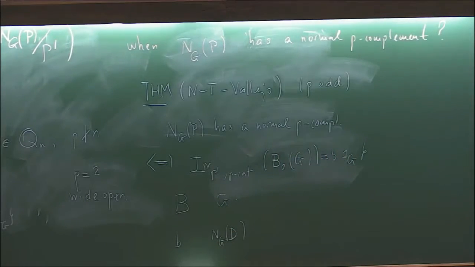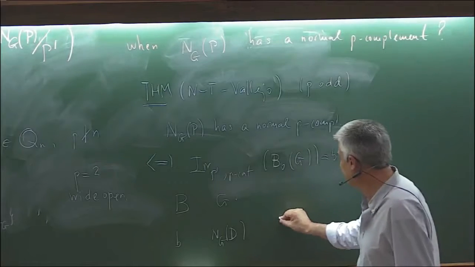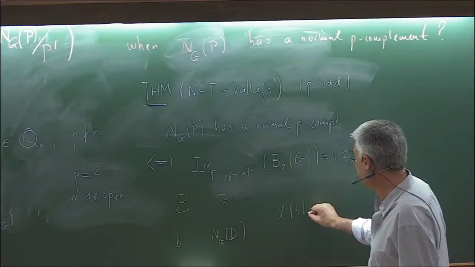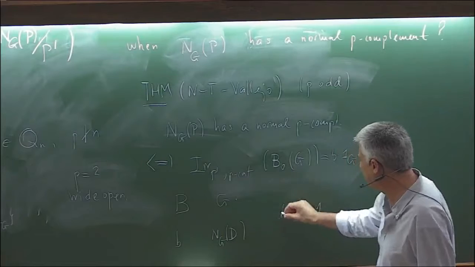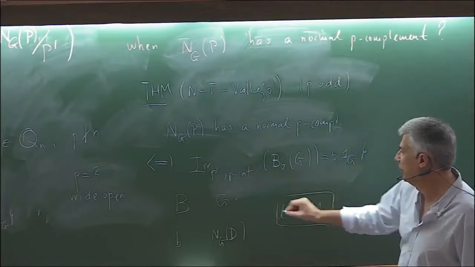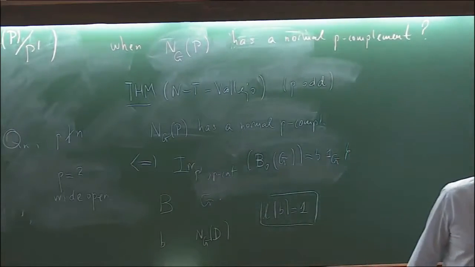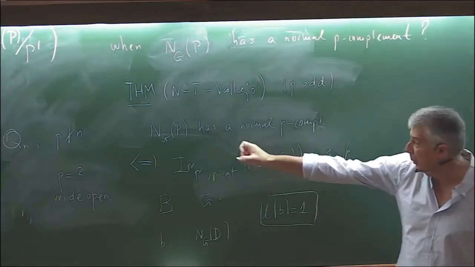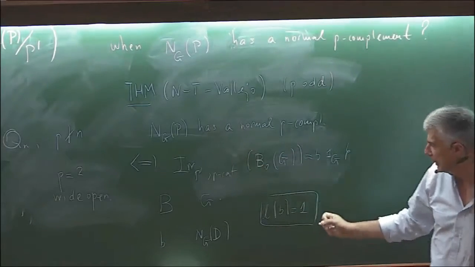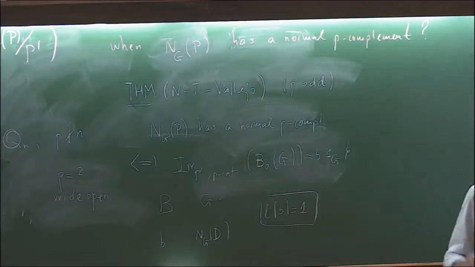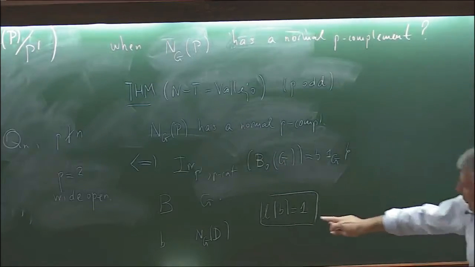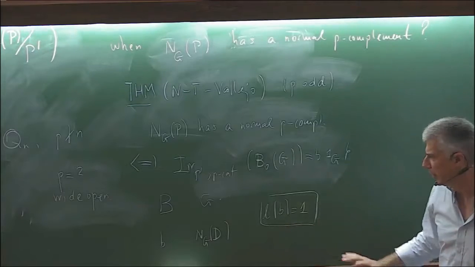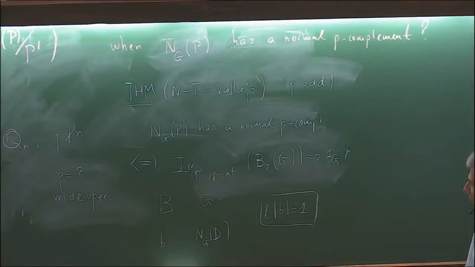And a key case, I think, is to characterize when l(B) equals 1 from the point of view of B. And this takes care of the principal blocks. Having a normal P complement, by a theorem of Brauer, is the same as having a unique Brauer character. l(B) means the number of Brauer characters in the block.